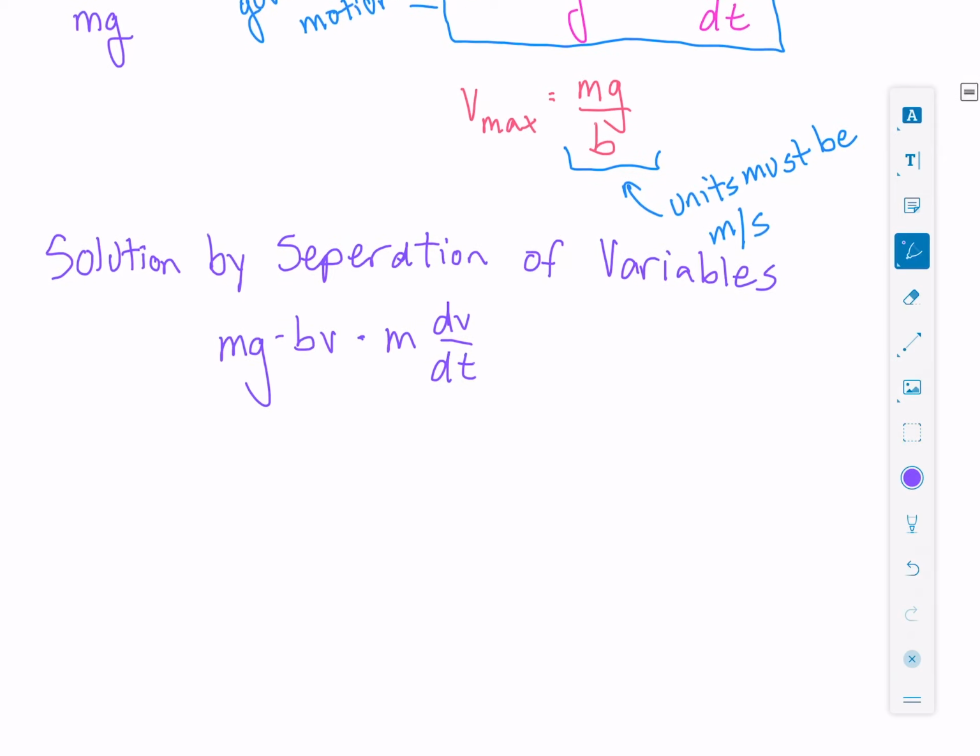The trick to this is something called separation of variables, where you get all of one variable on one side and the other variable on the other side. So I can rewrite this as dt equals m over (mg minus bv) times dv.